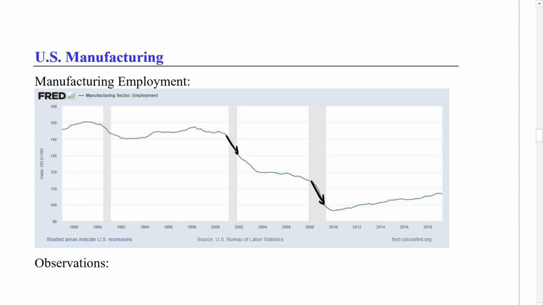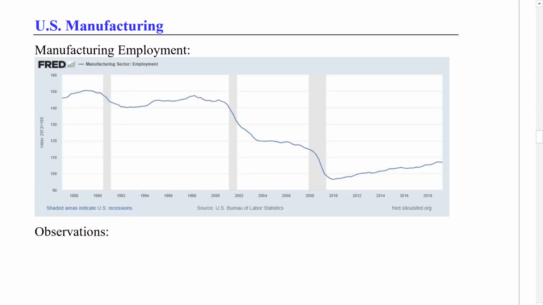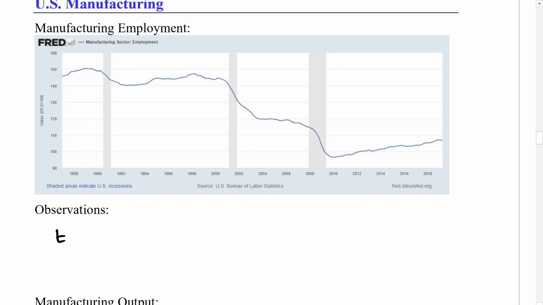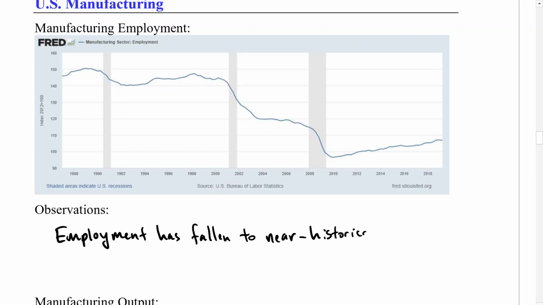During the 2010s decade, there's a long expansion, which ended with coronavirus. But the point is, since the late 80s or early 90s, employment has fallen to near historical lows.